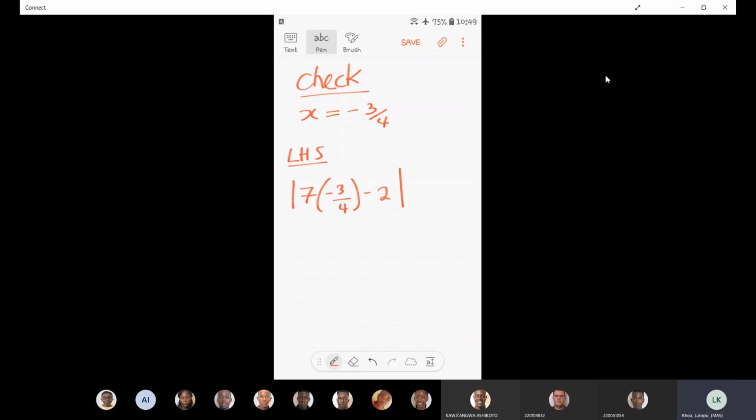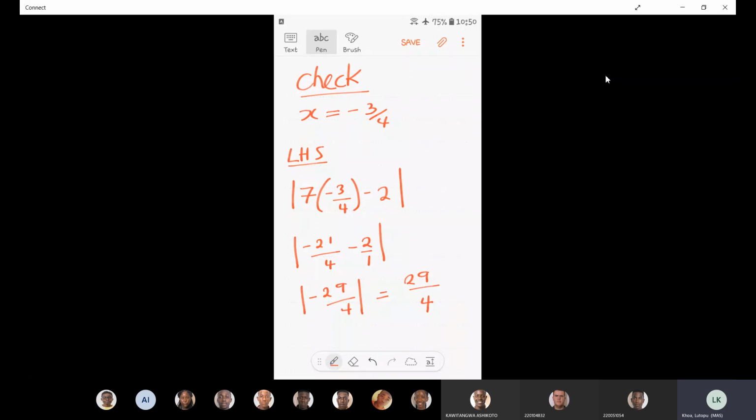This is absolute value of minus 21 over 4 minus 2, and this one is over 1. So this is minus 29 over 4, if I've done that correctly. So that's 8. Yes, okay. And this is just equal to 29 over 4. So that's your left-hand side.